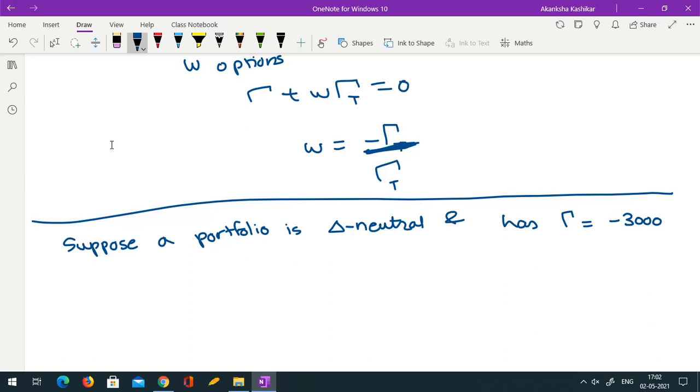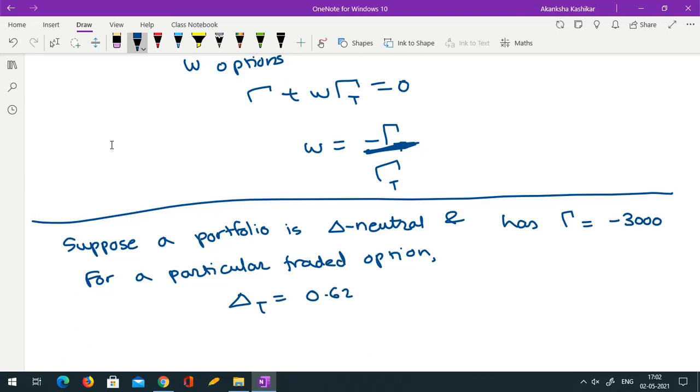Then for a particular traded option available in the market, obviously related to the assets in this portfolio, delta for that option is suppose 0.62 and gamma for that option is suppose 1.5.